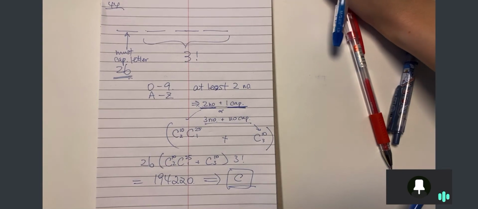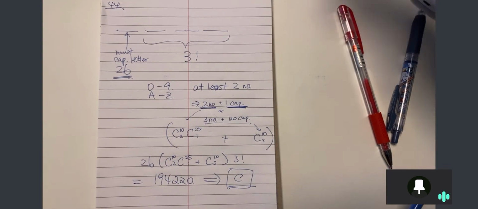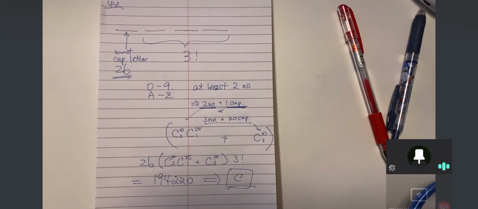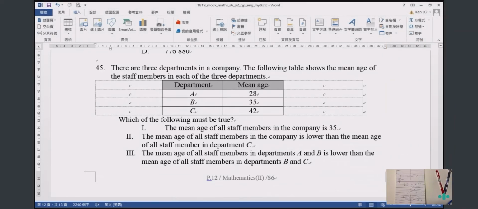Then the last question is number 45. Number 45 is a question that you cannot, not cannot, but you have to imagine. First of all, you have to understand the question.